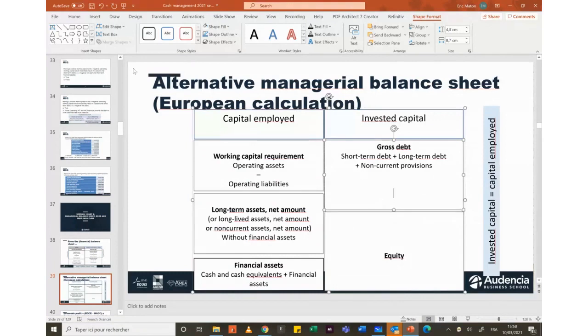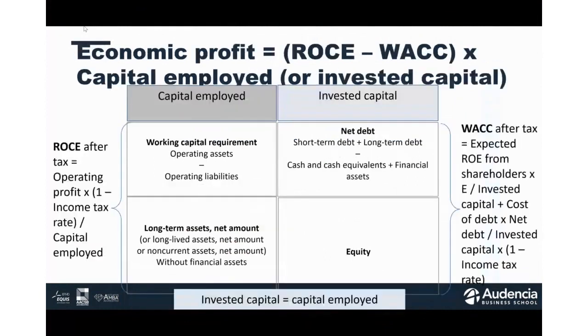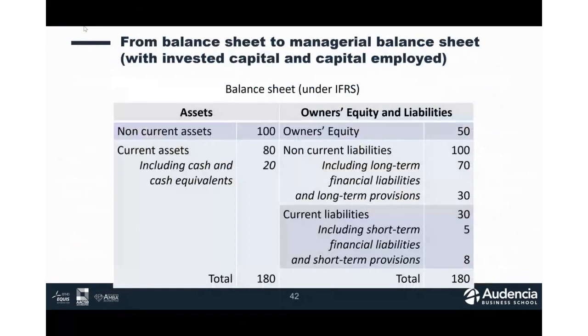So we try to apply to one exercise. So we want the capital employed in one side and the invested capital on the other side. So we have this situation. The non-current assets are 100.